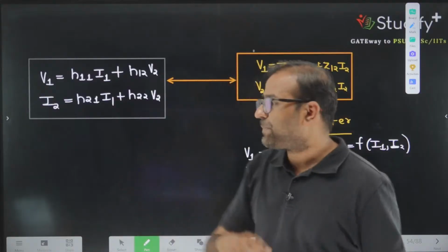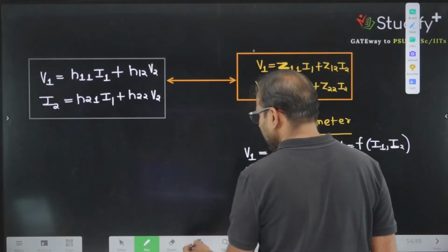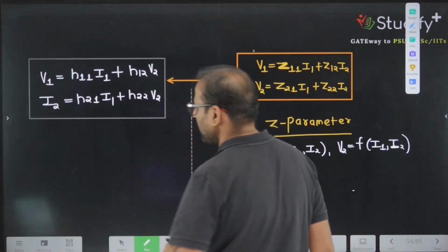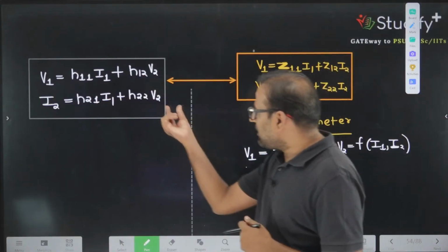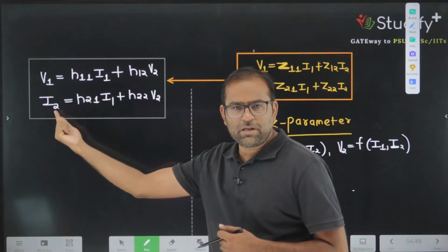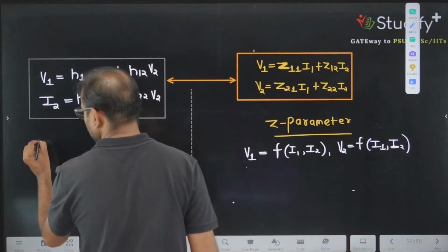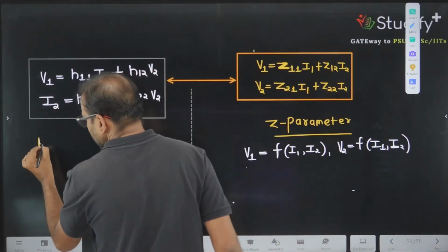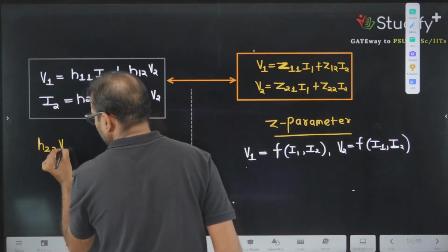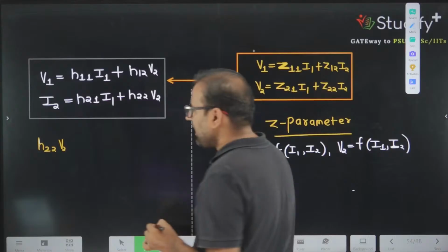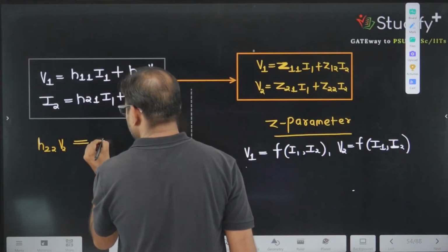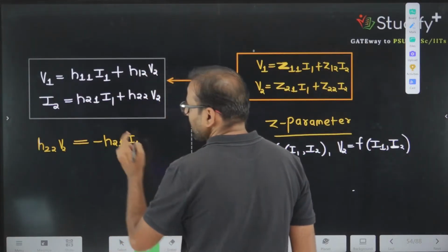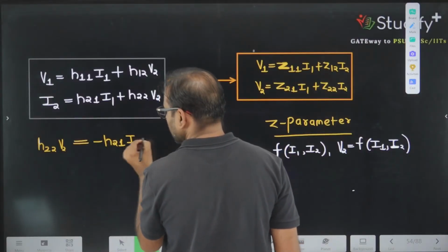But when I look at the H parameter, if I rearrange the equation, I can have this arrangement. When I look at V2, V2 can be represented as a linear combination of I2 and I1. So I can write H22 into V2 is equivalent to minus H21 into I1 plus I2.